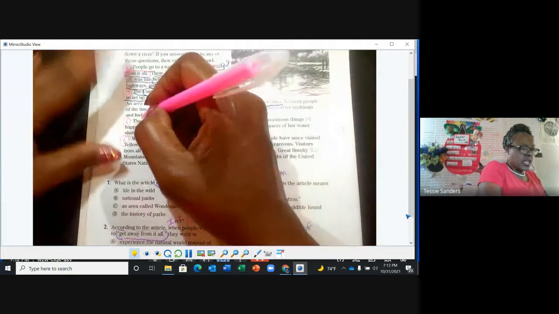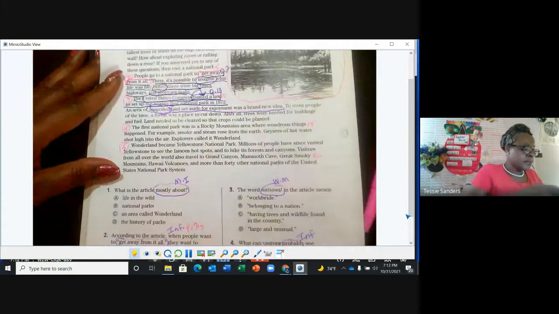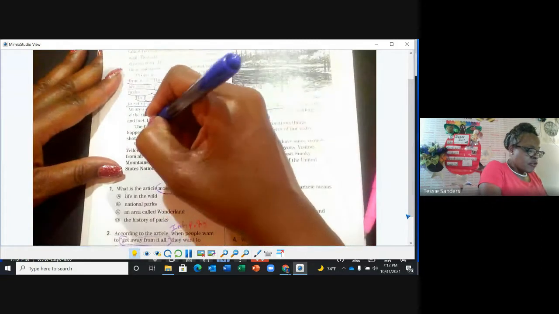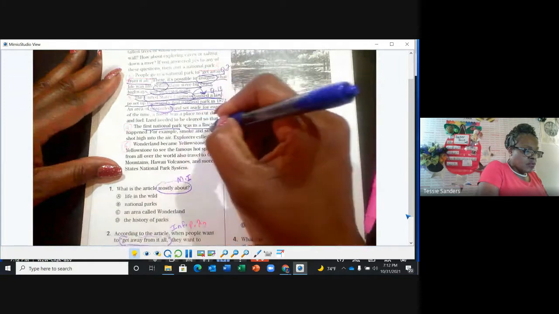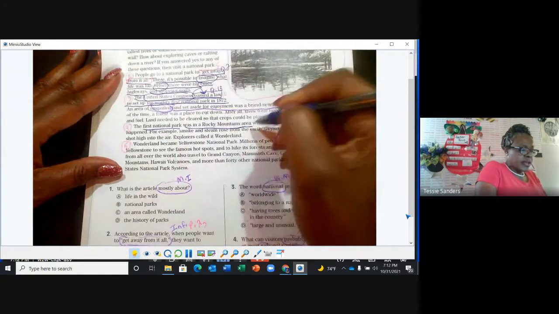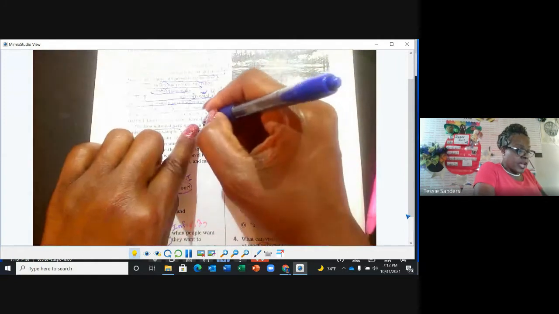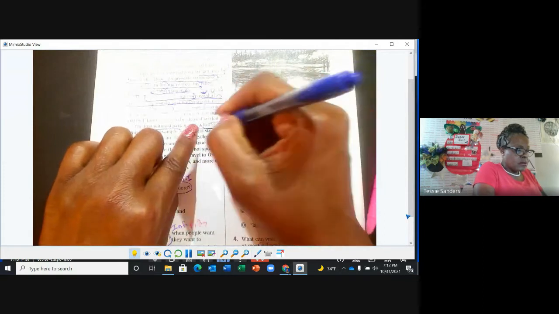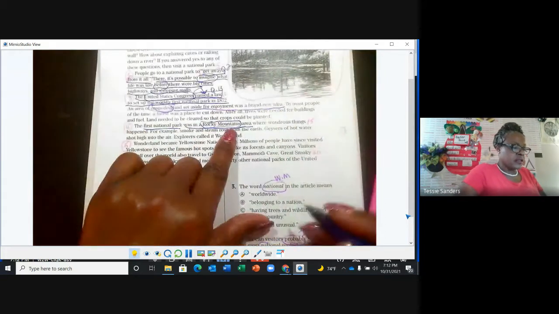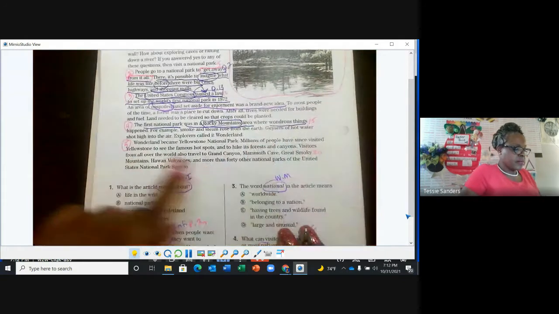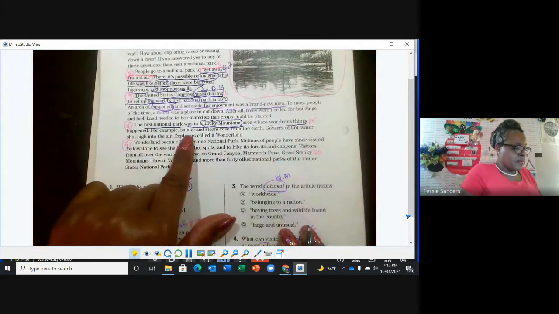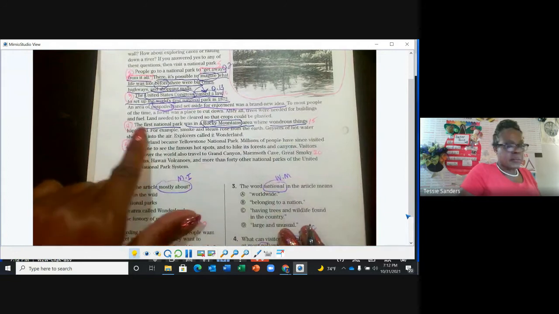Here is a key. Let me get another color. First national park was in a Rocky Mountains area. Look at these proper nouns. Rocky Mountains were, look, wondrous things.